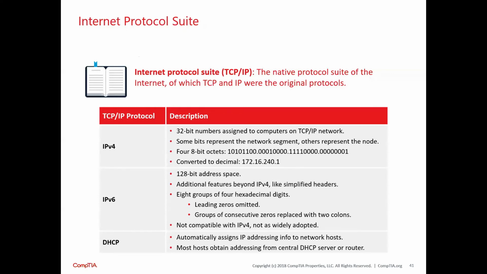Yeah, so you should actually learn this in the previous lesson, or maybe in a network class or CCNA, that tells you about IP version 4, 32-bit numbers assigned to computers on the TCP network. You can have the IPv6, which is the new version of the IP, with a 128-bit address space.